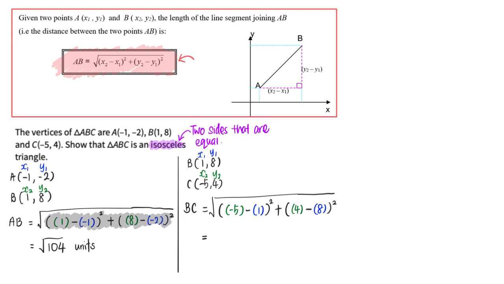And let's see what this will give me. This will give me a square root of this value. I just need to press my calculator, and that will give me a value of 52.